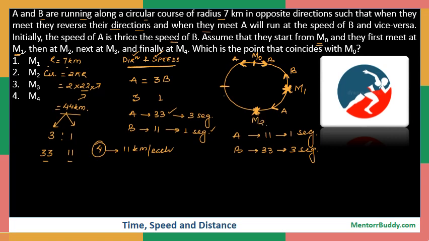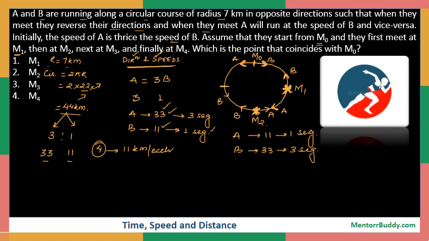Since B is coming from this direction, after meeting he will reverse the direction. And because A was coming from this direction, A will again reverse the direction. The next time A will travel 33 kilometers, that is three segments, and B will cover 11 kilometers, that is one segment.